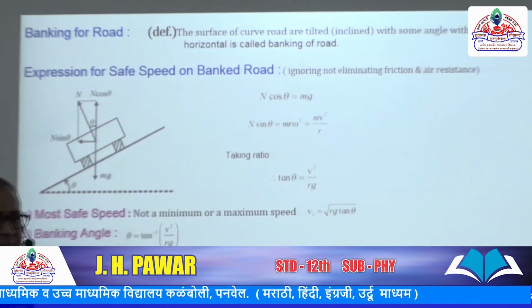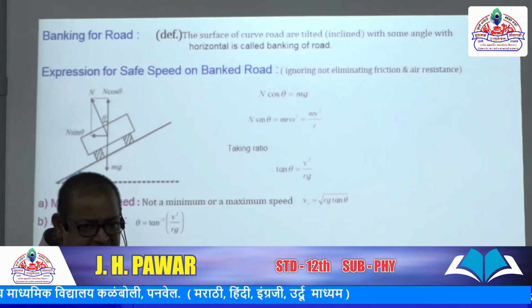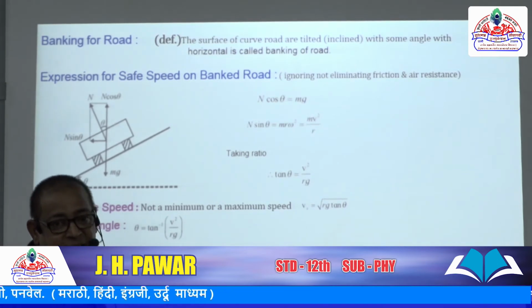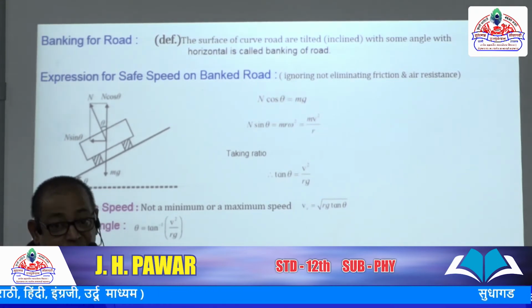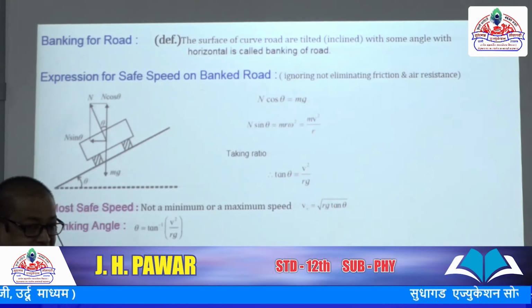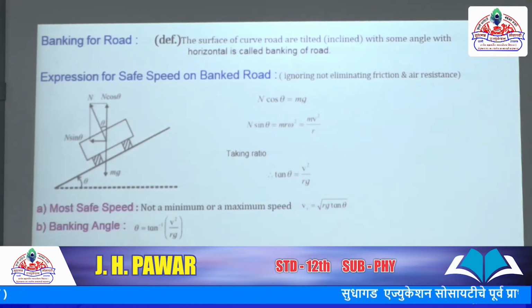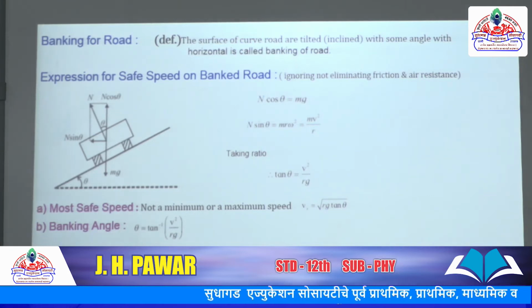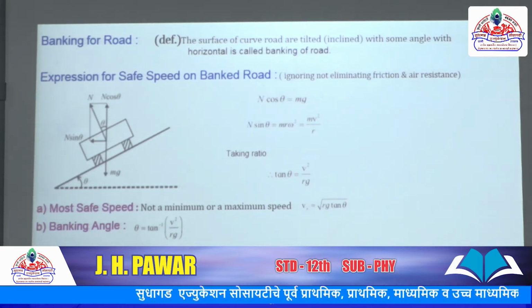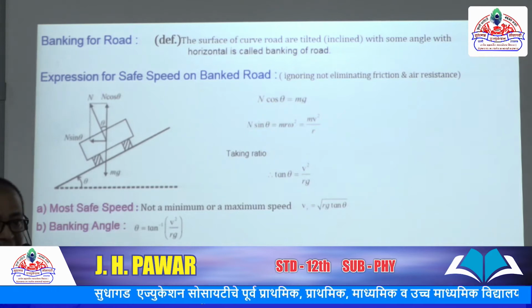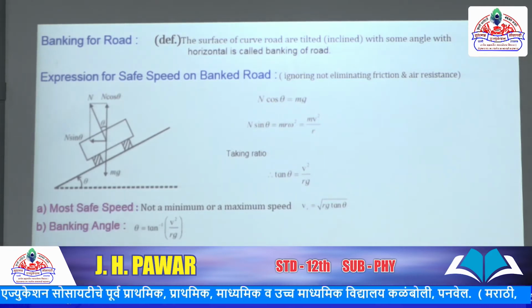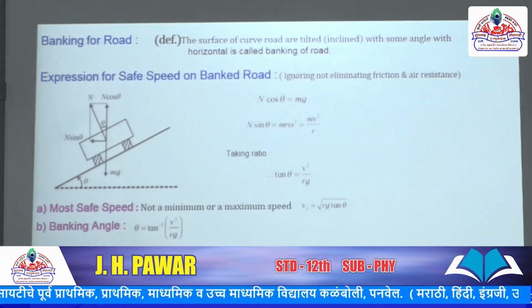Just like the desk of your bench. This desk of your bench is tilted, making a certain angle convenient for you to write. There are two edges of the desk: the inner edge from your side and the outer edge away from your side. The outer edge is at a higher level and the inner edge is at a lower level. Similarly, when the road is along the curve, such type of thing is there.